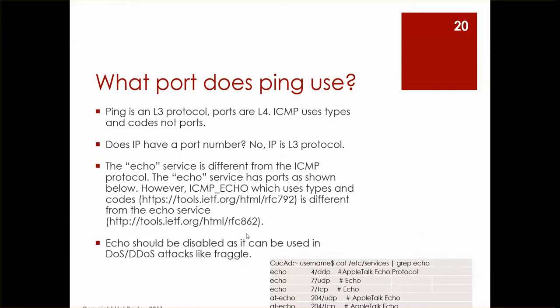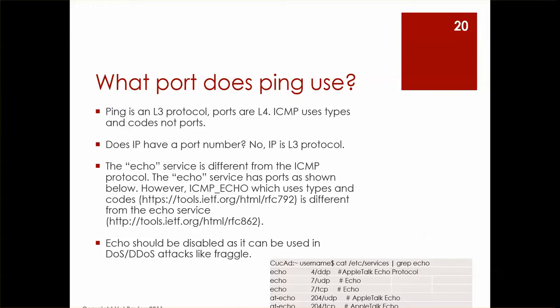What I did below here is to demonstrate. If we look into the services file and grep for echo, we can see that the Echo service uses port 7, and there are some connections to a different Echo service. The Echo service itself can be using TCP port 7, but this is very different than the ping command.